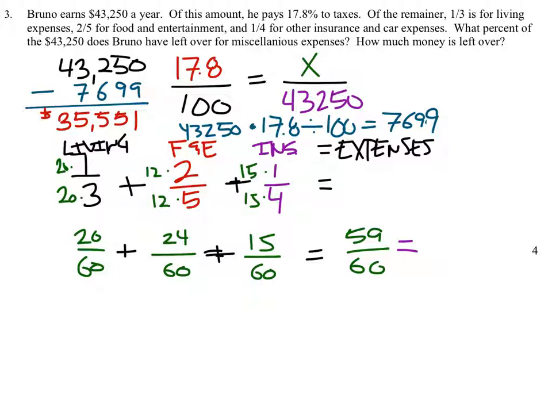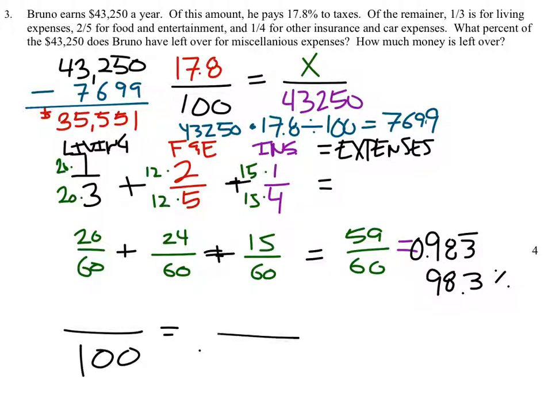And as a percent, we do want to set this up as a proportion. And this came out to 0.983 repeating. So we can make a percent as 98.3 repeating percent. Now for the sake of money, we can just round this to the tenth of a percent. So this allows us to set up a new percent proportion, like this.